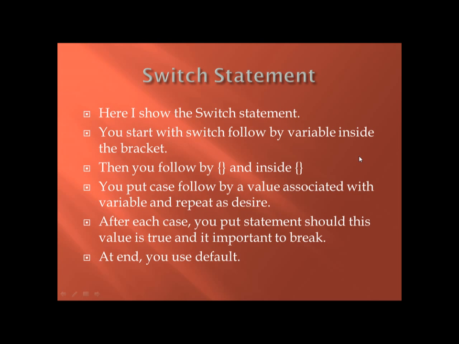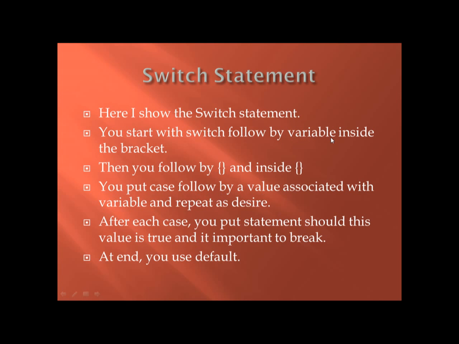Next is the switch statement, and you start with switch followed by a variable inside the brackets. So you put switch, then brackets, then you follow by this. Inside that you can put case, and you follow by the value associated with the variable.